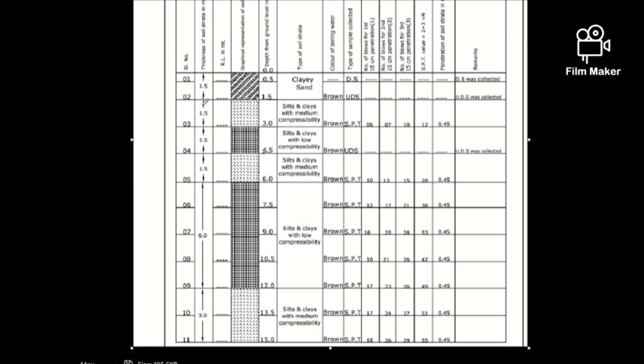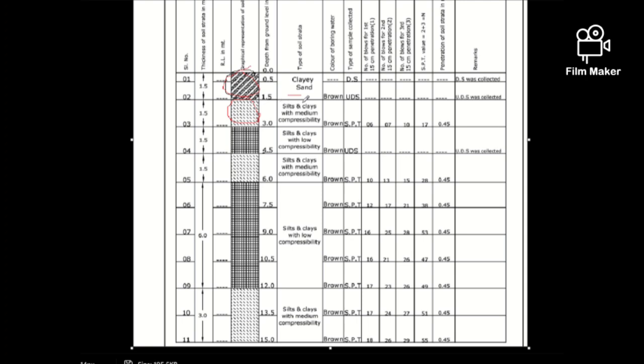Here different strata can be seen, and different strata are marked by different hatching. Here also we have to present in this chart every depth and every change of the layer.